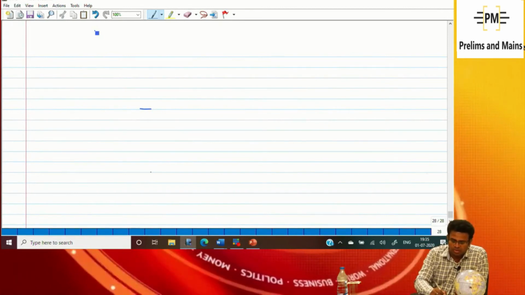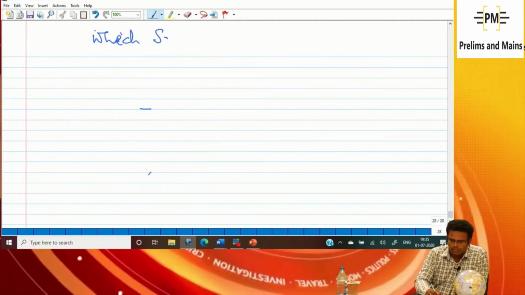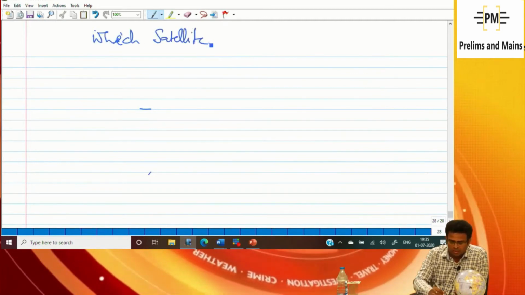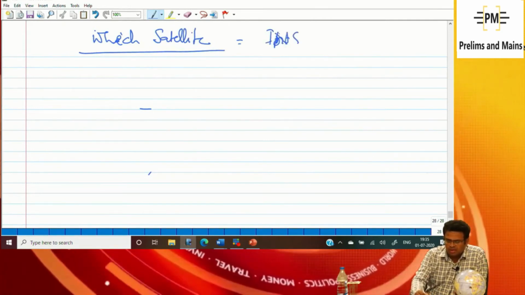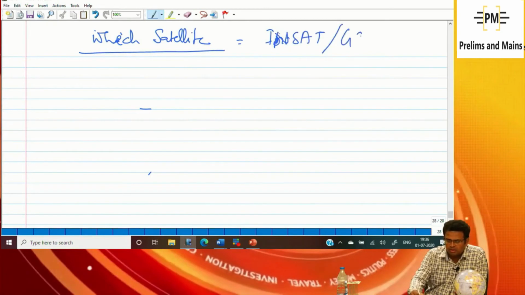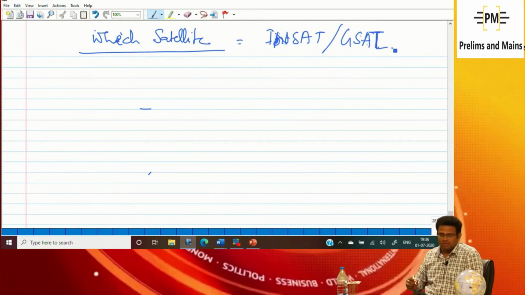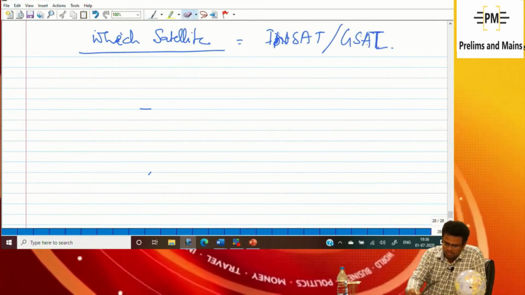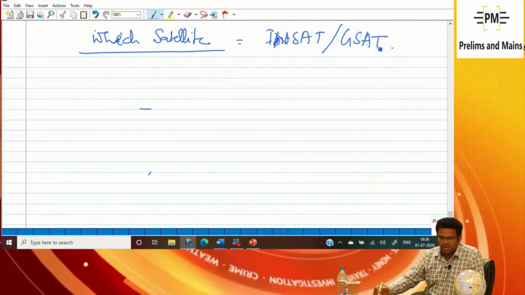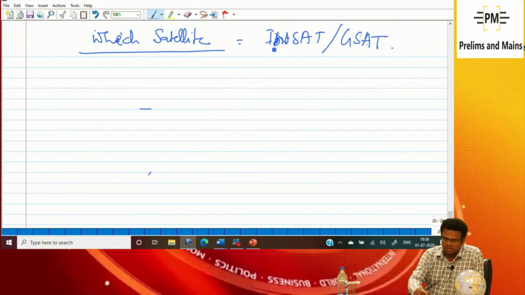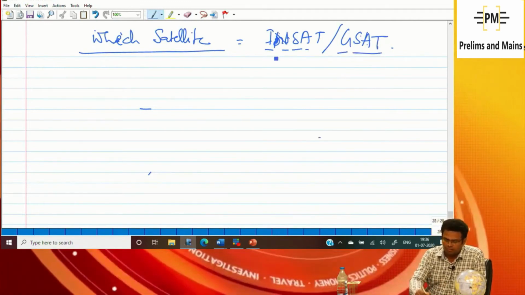The next point that we have to see is which satellites are moving in this orbit. They are known as INSAT or GSAT. I have discussed INSAT earlier also. INSAT or GSAT: Indian National Satellite, and Geosynchronous Satellite. So what is the full form of this?